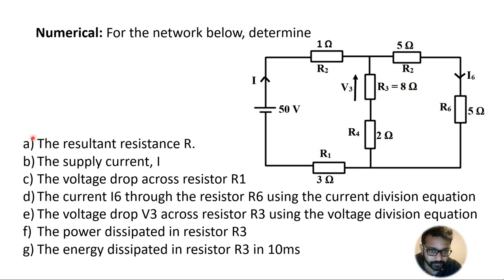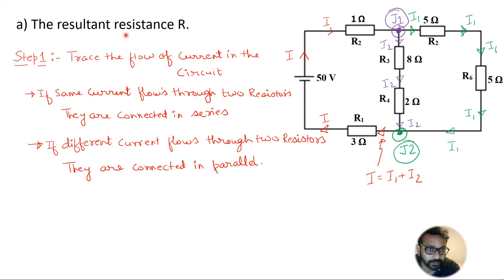Let's take the first part, A. In part A, we have to find the resultant resistance, or the overall or equivalent resistance, of this entire circuit. While solving this, our main intention is to reduce the circuit.